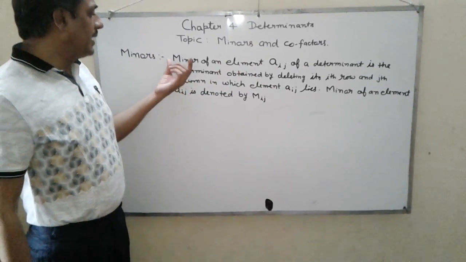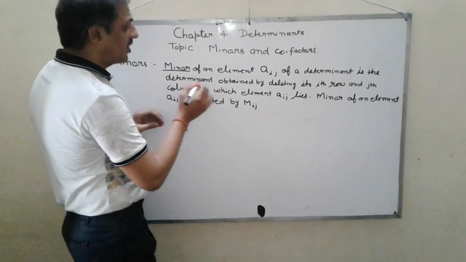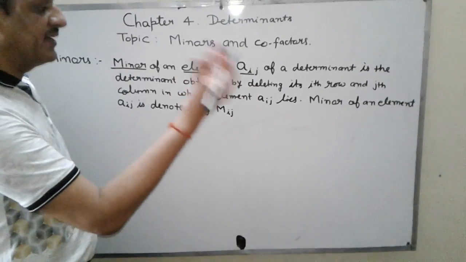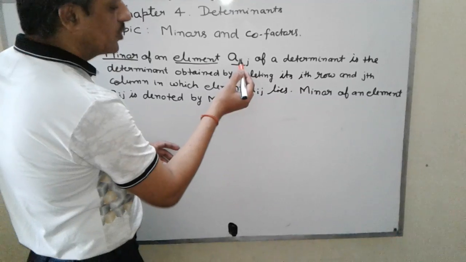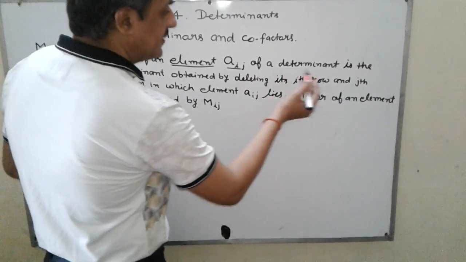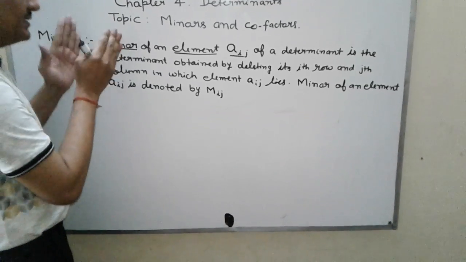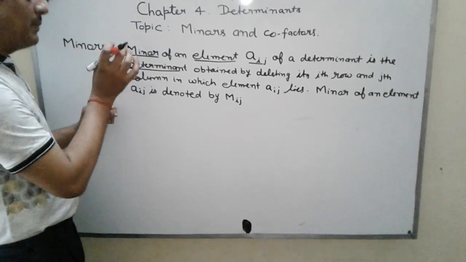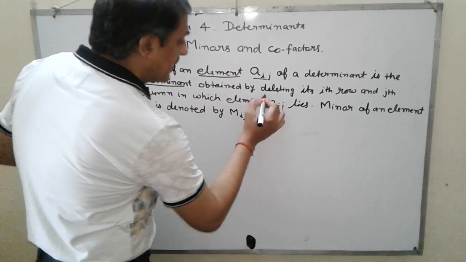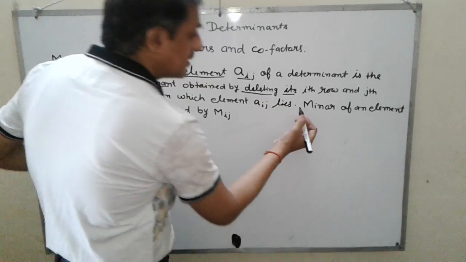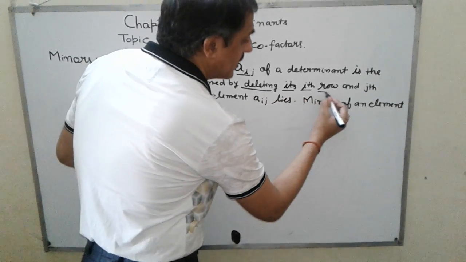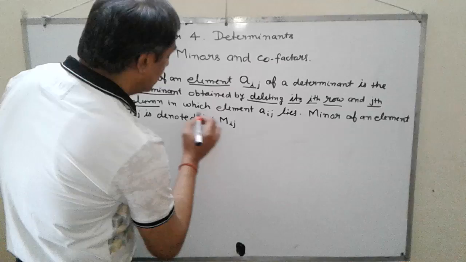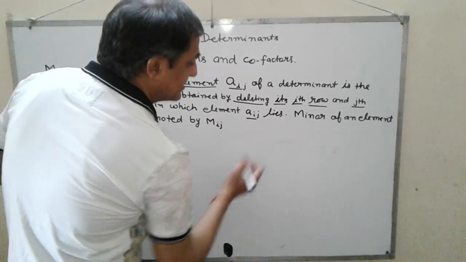According to this definition, the minor of an element Aij, where Aij is an element of a given determinant, and i stands for row and j stands for column of the determinant, is the determinant obtained by deleting its ith row and jth column in which the element Aij lies.